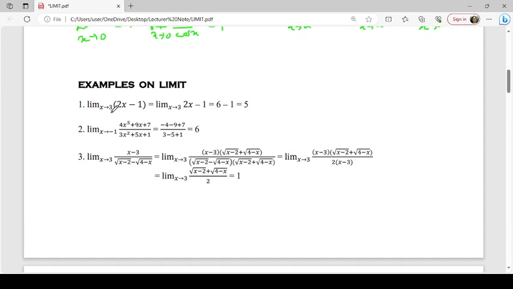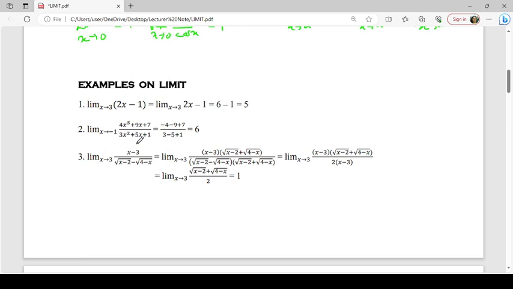These are the examples. So x tends to 3, so it is 2 into x minus 1. The limit of 2 is 2, the limit of x is 3, so it is 2 into 3, which is 6, then minus 1 is also constant, so it is 6 minus 1, which is 5.